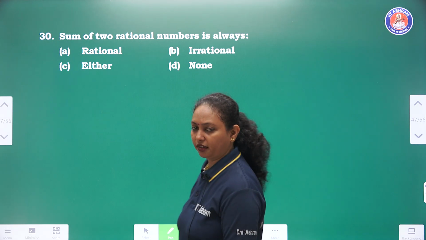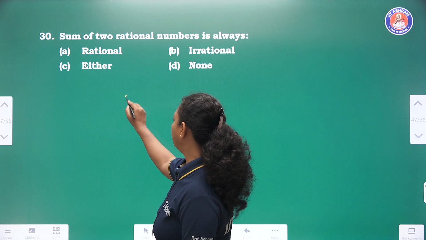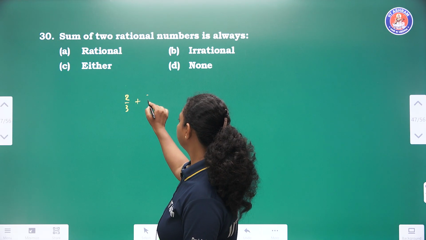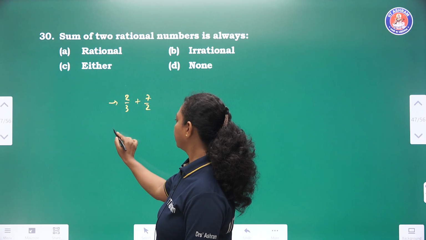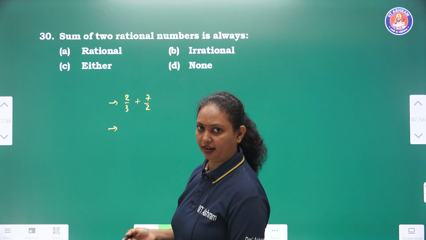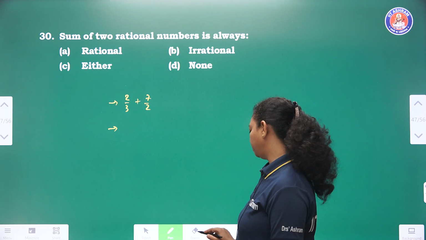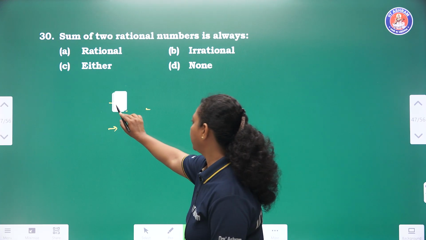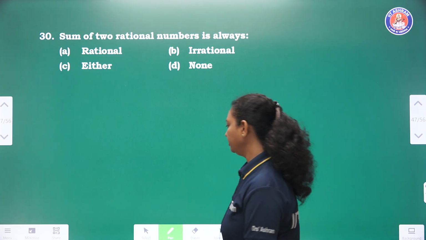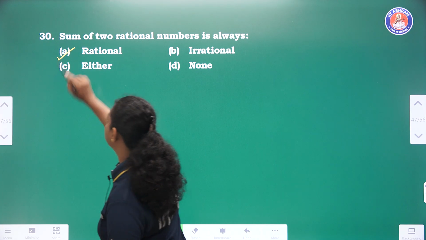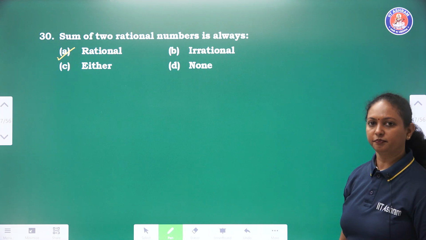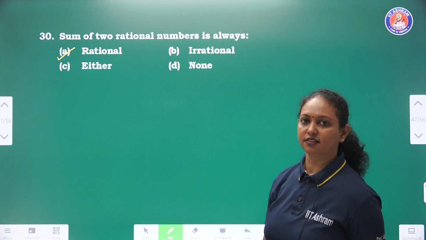For that you can make different combinations. पहले दो positive rational number ले लो, ठीक है, to check your answers. But you know that it is a closure property, so no need to waste your time because you have already learned it. So which option is correct? Rational.